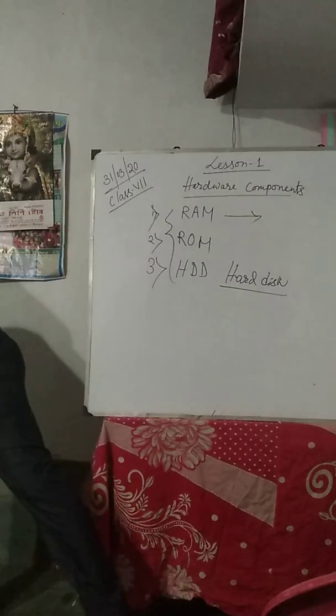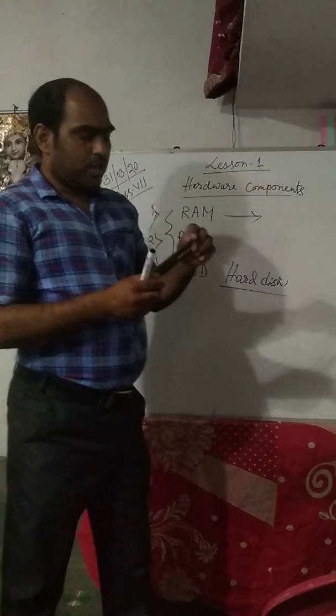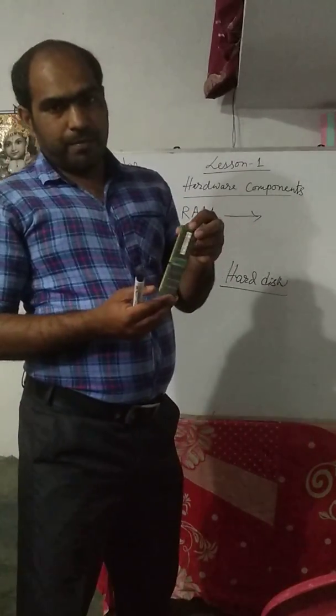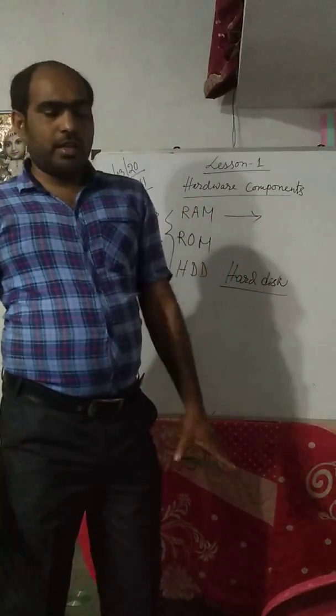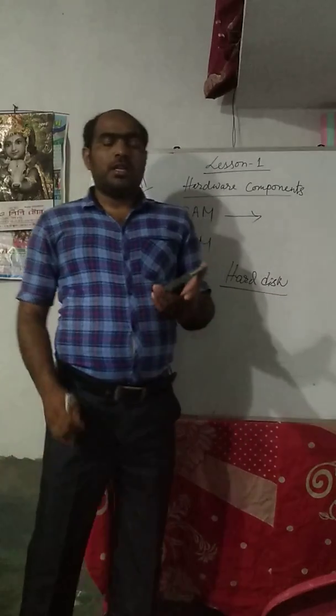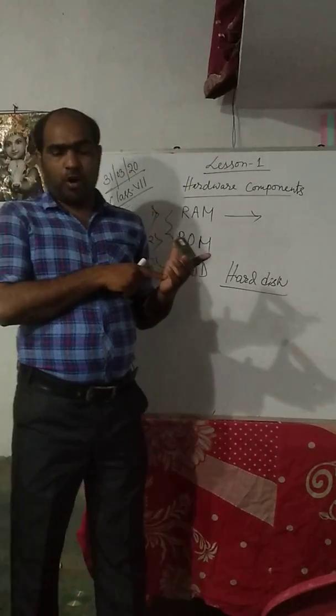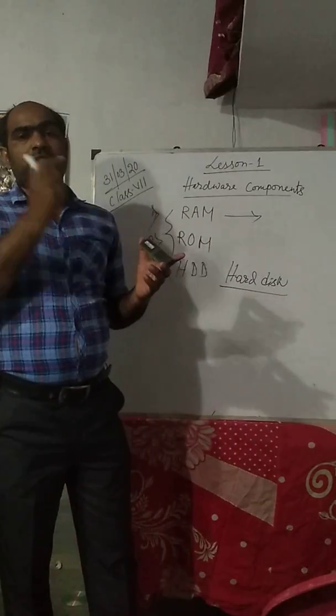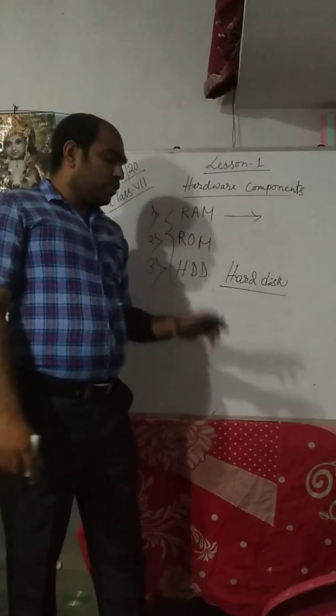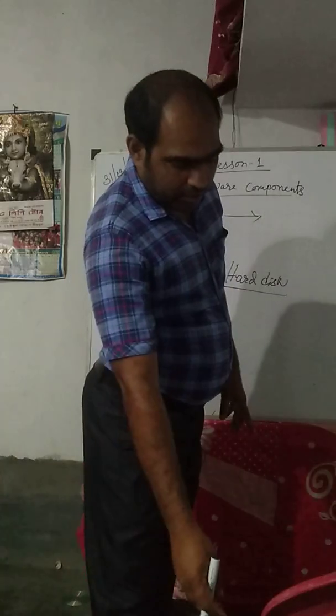Okay, this is the RAM. Just look at this one. Many components are there, not only the capacity but also many things. It started from 20 MB, and nowadays it is more than 6 GB.